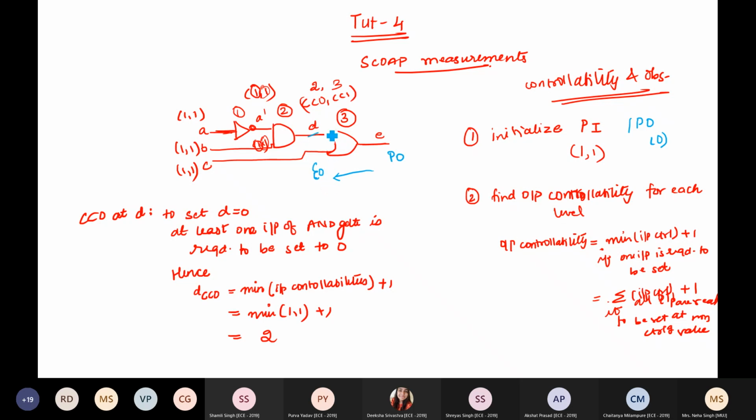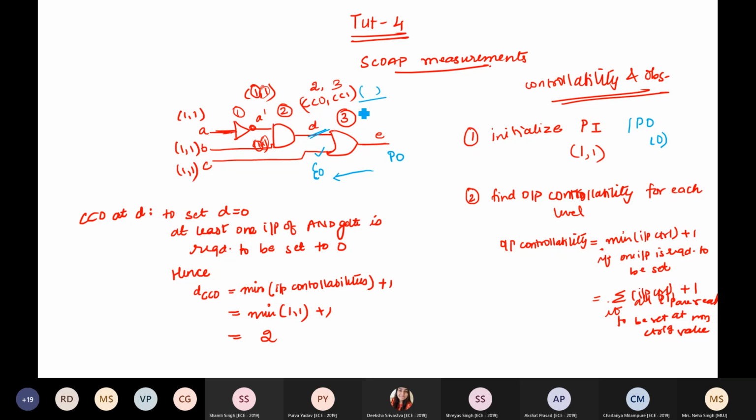Finally, the observability at this wire would be output का observability plus CC0 या CC1 of the other input. वो कैसे decide करते हैं कि कौन सा non-controlling value है. So the non-controlling value is 0 here. Therefore, CC0 of this other input will be added to the observability of the output plus 1. That will give me the observability of this wire.